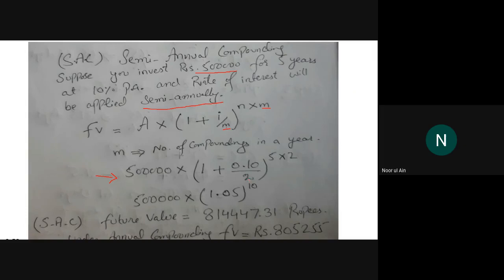It might change to 4 if it's quarterly compounding, and it may be 12 for monthly compounding if it's written in the question. You have to carefully read your questions for the compound factor. I have multiplied the number of years by 2 as well, because the number of periods here will increase, not merely 5.